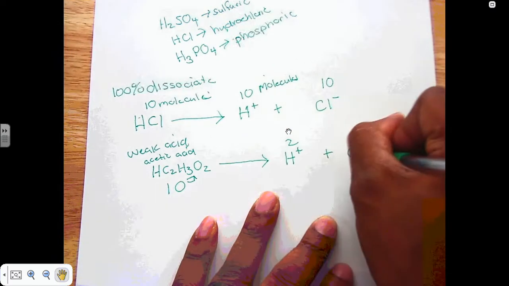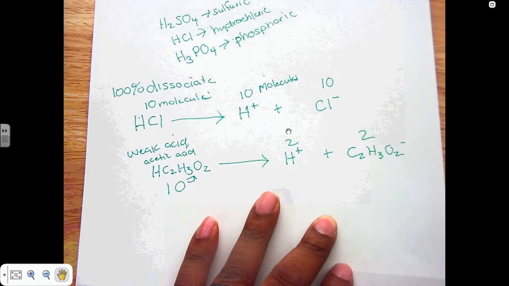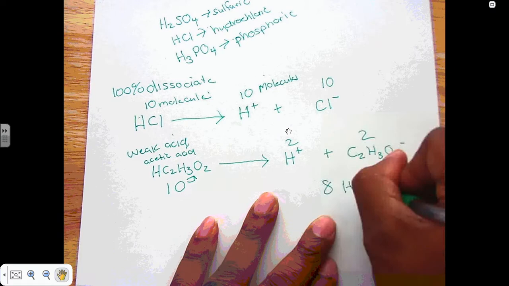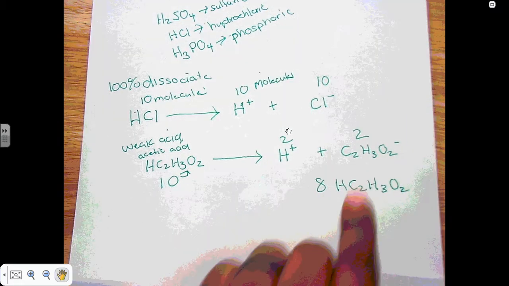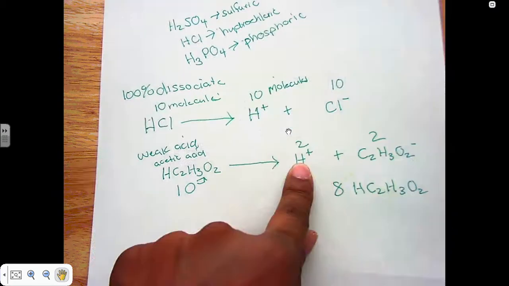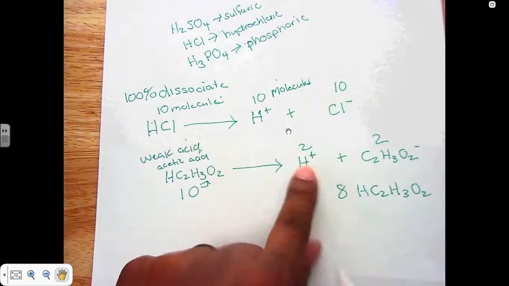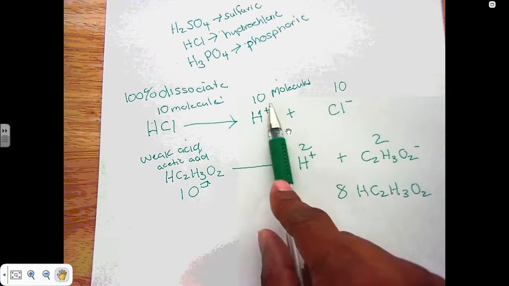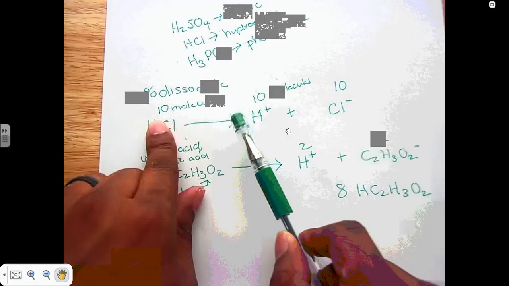Then you'll end up with this acetate ion here. You'll have 2 of those. But 8 of these guys, which aren't really written in the reaction, decide that they'd rather stay being this. So you end up with more of these than them actually breaking up. These can then go on and react, but this is not as efficient. So what you end up needing is more of this to get the same job done, because these are considered weak and those are strong.